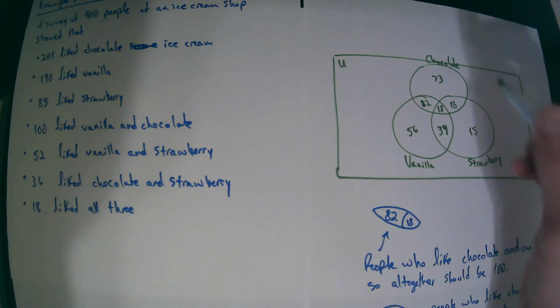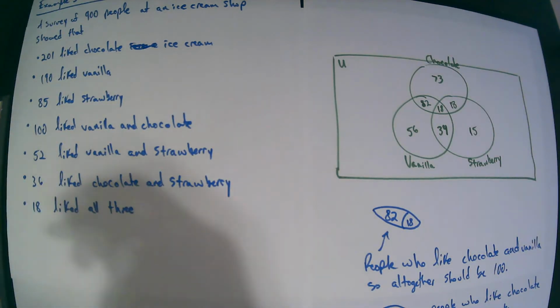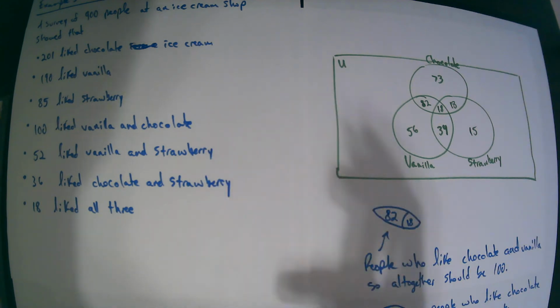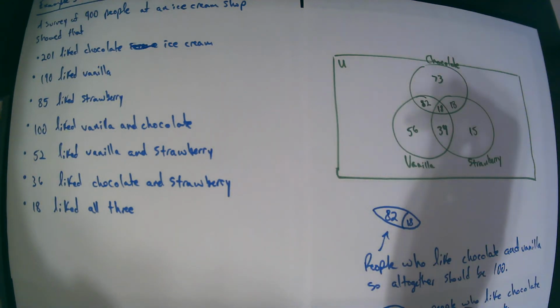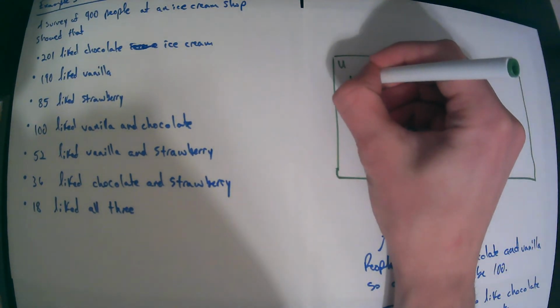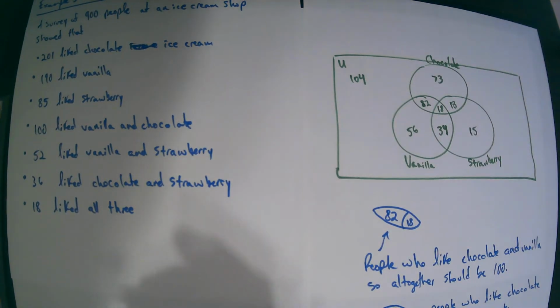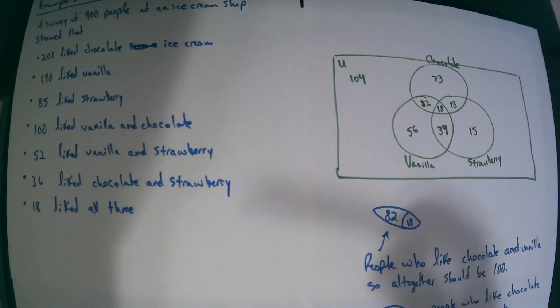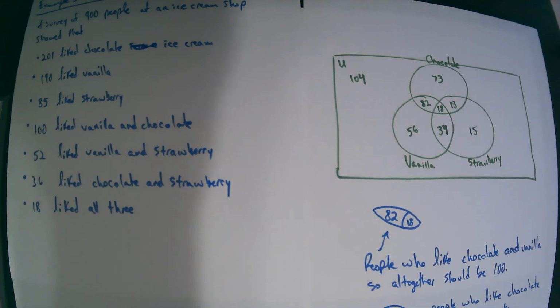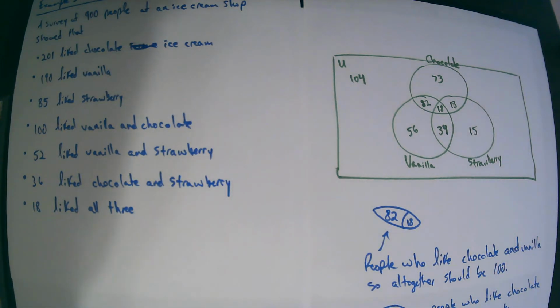Okay, so I'm getting, this is 296, but 400 people were surveyed. So that means there are 104 people who answered with something other than one of these 3 flavors. So they answered something else. Something else that wasn't considered in this survey, or at least in this analysis of the data.